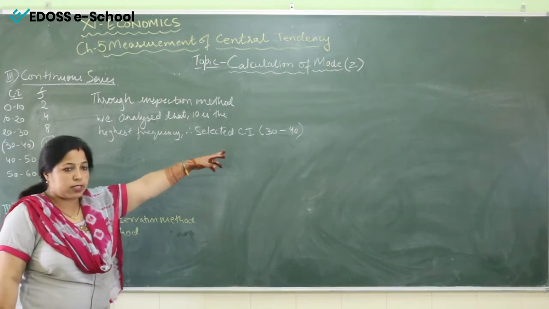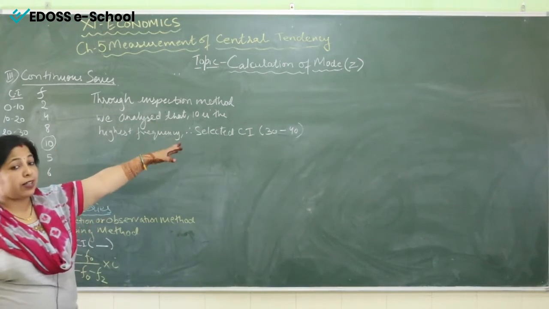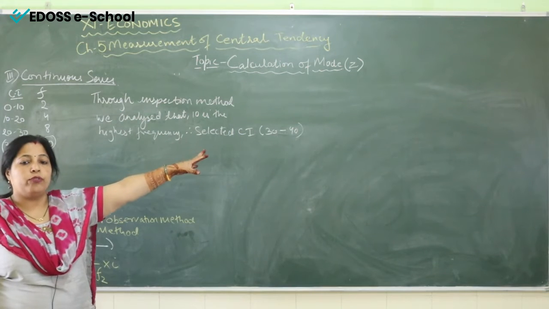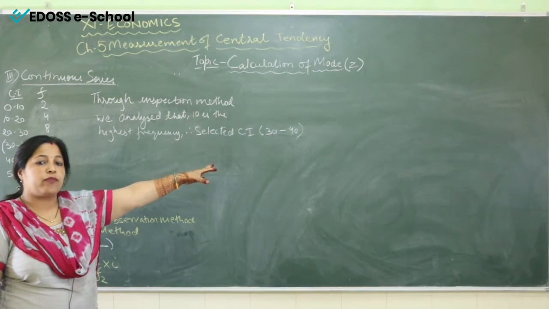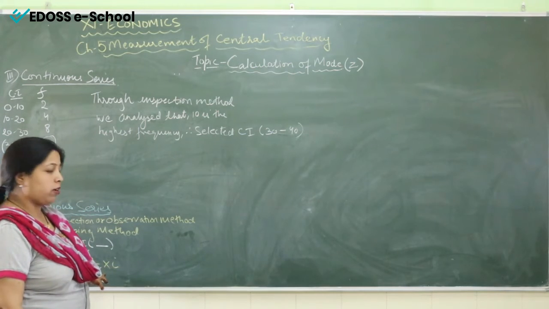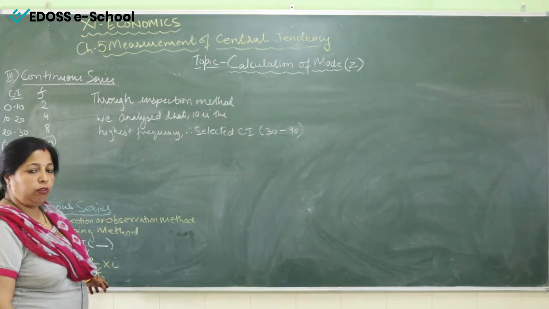So this is the selected Ci, and now the answer will be between 30 to 40. This is not the exact answer of mode. The exact answer of mode will come from the formula which I have told you before.